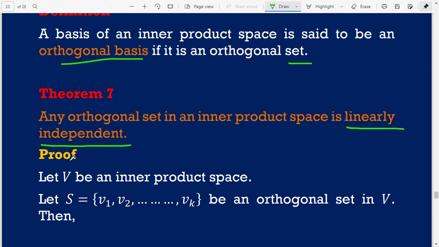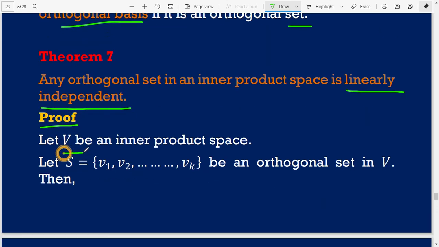So let us see the proof. Let V be an inner product space, and let set S equal to {V1, V2, up to Vk} be an orthogonal set in V.